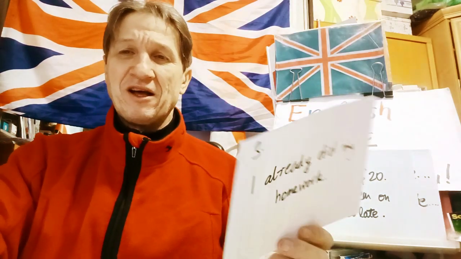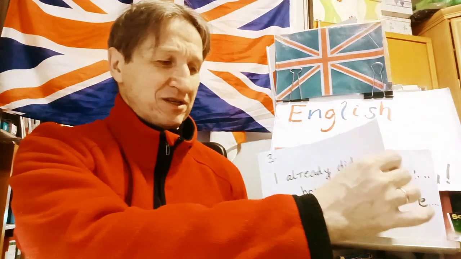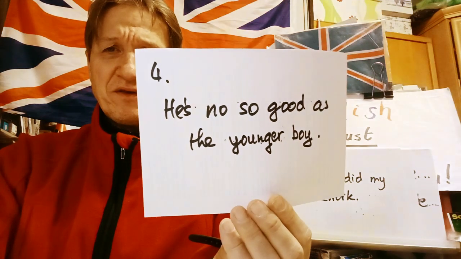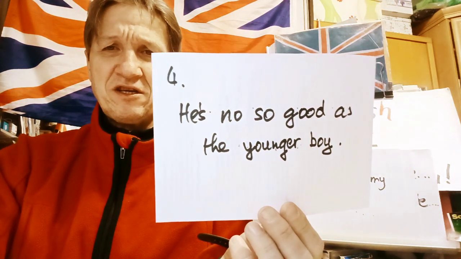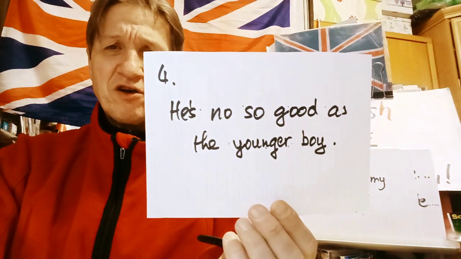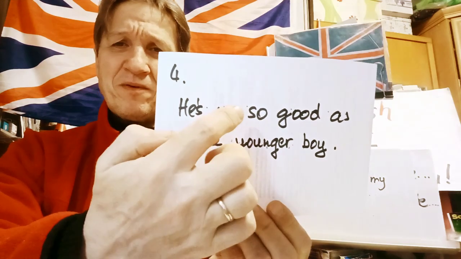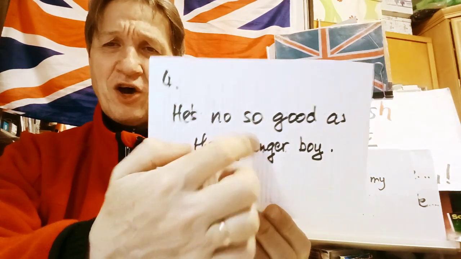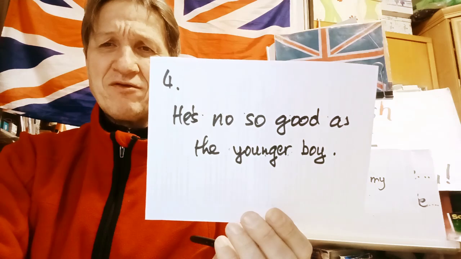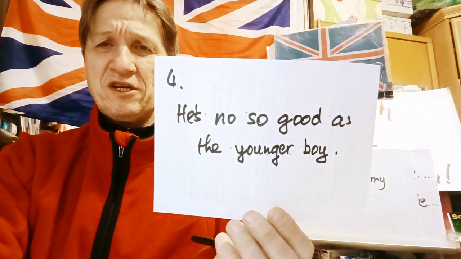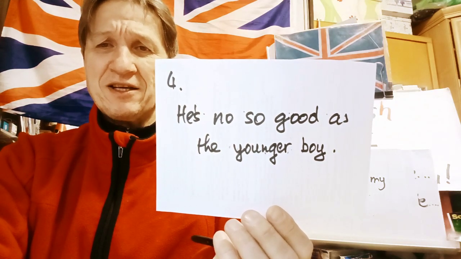We shall now look at sentence number 4. Sentence number 4, which reads, "He's not so good as the younger boy. The younger boy is better than him." Well, the problem concerns the word so, and in the English language we need here to put the as.